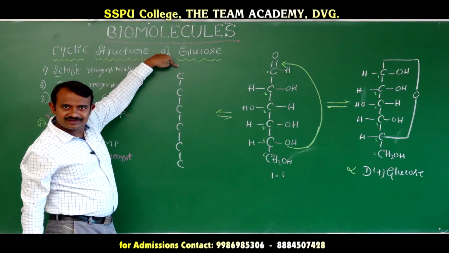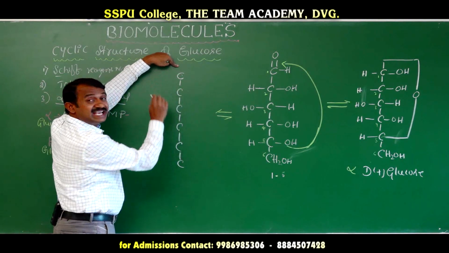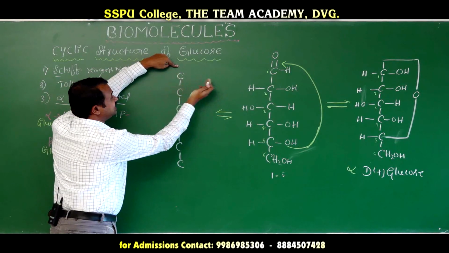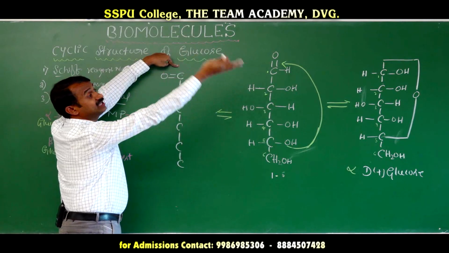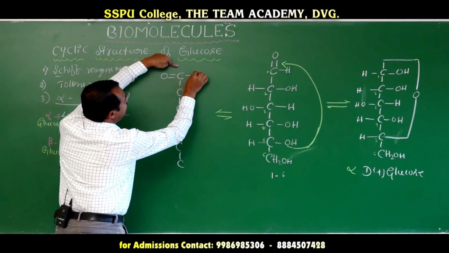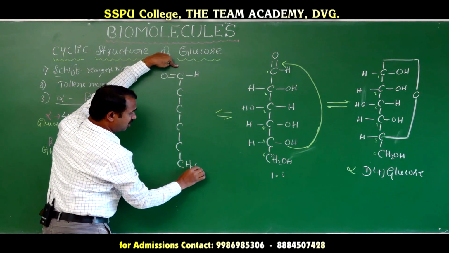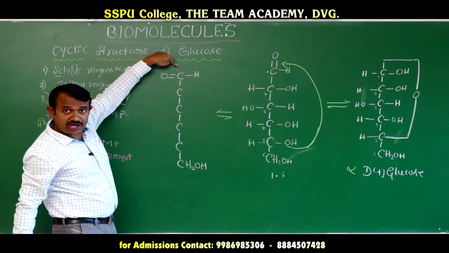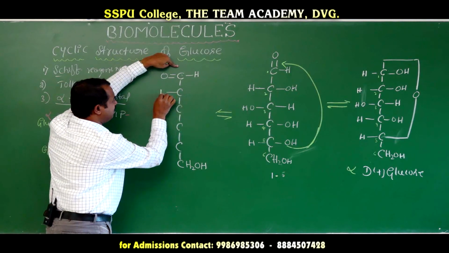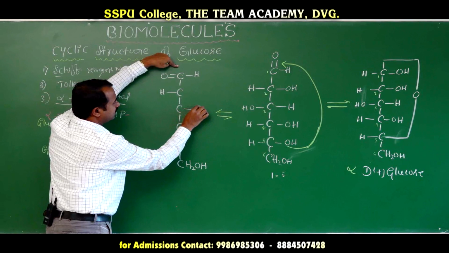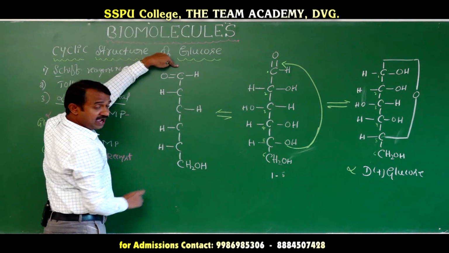First is CHO. For CHO, you have to write the double bond on the left side, and on the right side, hydrogen. Last one, you should not change, CH2OH. Next one, hydrogen. This is a simple process: left, right, left, again left.